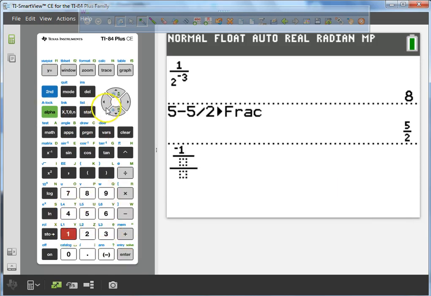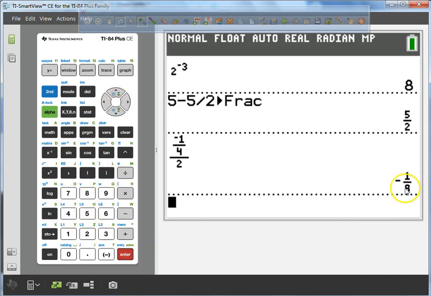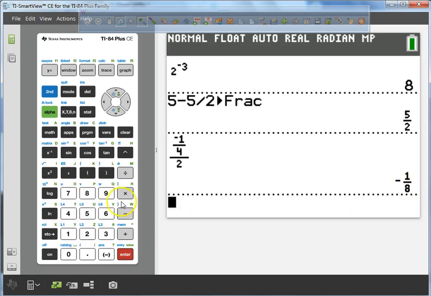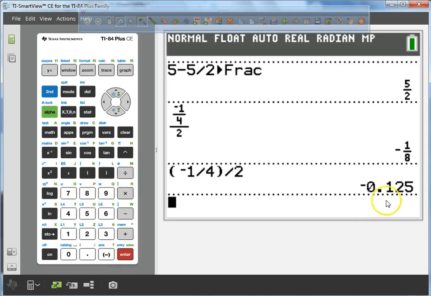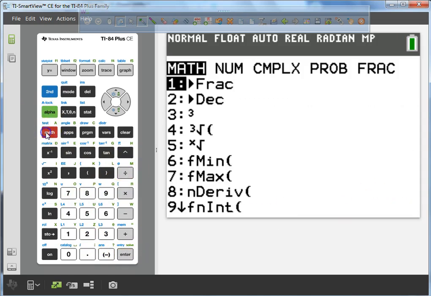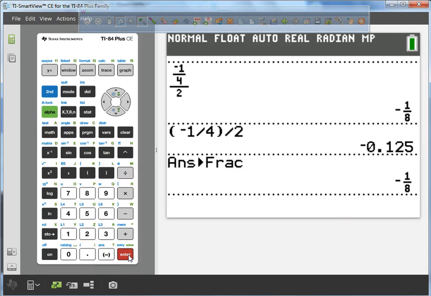Negative 1 over 4 and divide it by a 2, and you hit enter. And what does it say? Negative 1/8. Or you could do it this way. You could take parentheses. Negative 1 divided by 4, close parentheses, and divide it by a 2. And you still get this decimal, but you'd have to change that to a fraction.